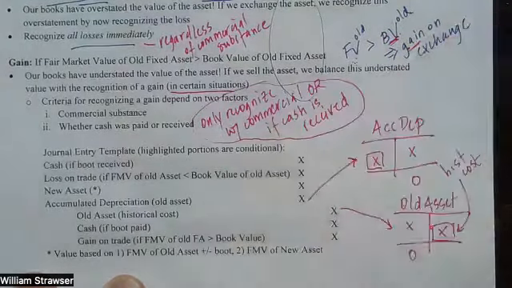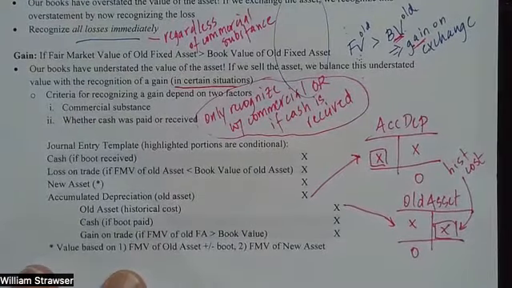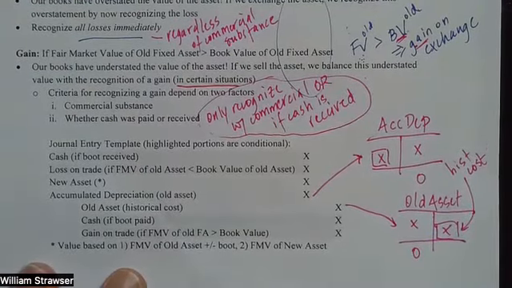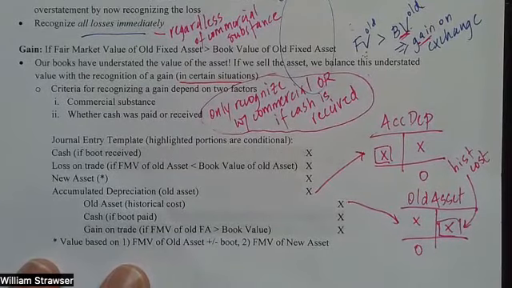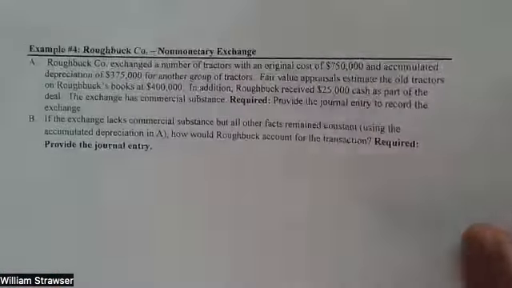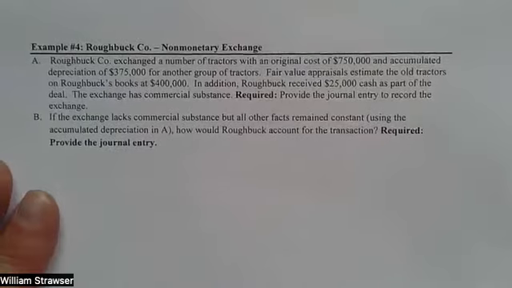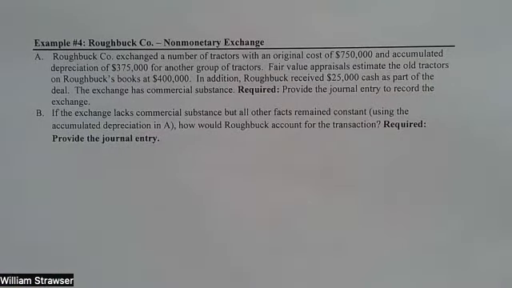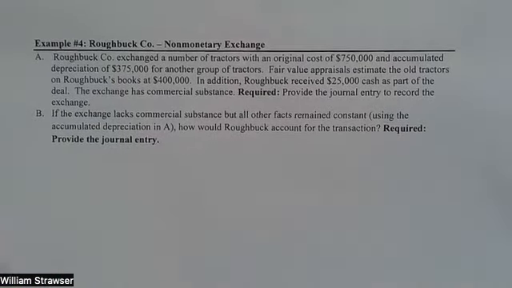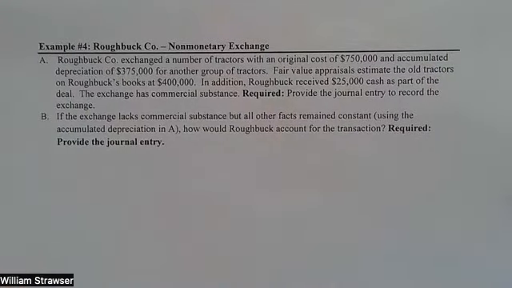All right. We'll get into this whole idea of maybe we can recognize gains without commercial substance in a second, but I want to take us to an example real quickly and just look at how this can play out. I will put this example in the notes module. This is just something from some of the in-person assignments I have.